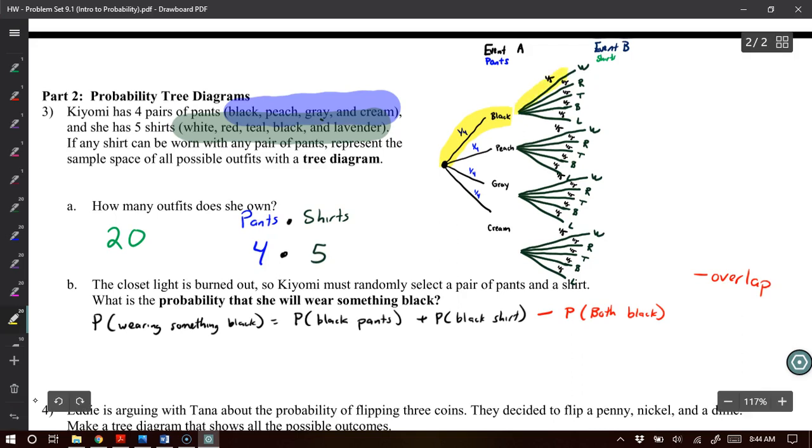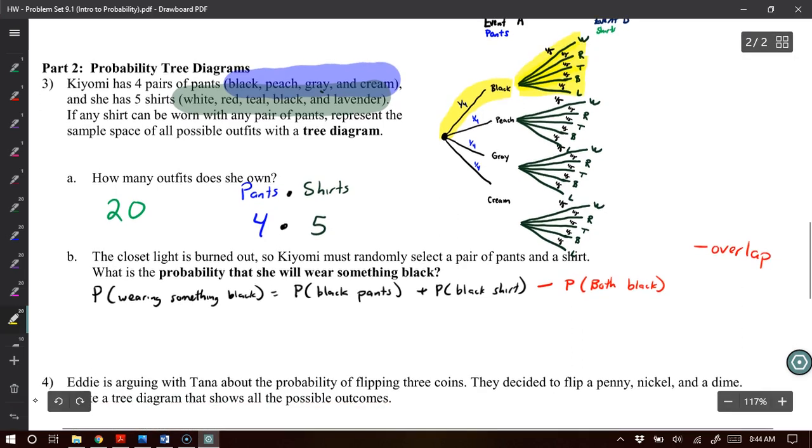That's going to cover all of these. That 1/4 covers that whole outcome after it. So I have a 1/4 chance of wearing something with a black pair of pants.